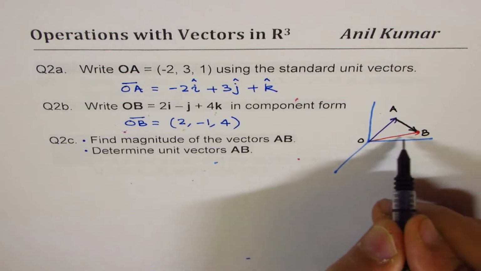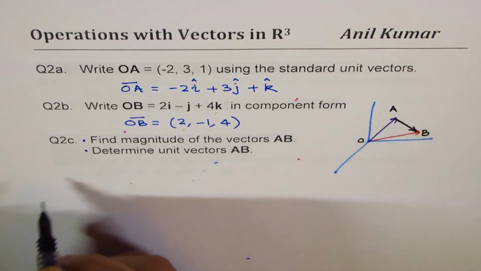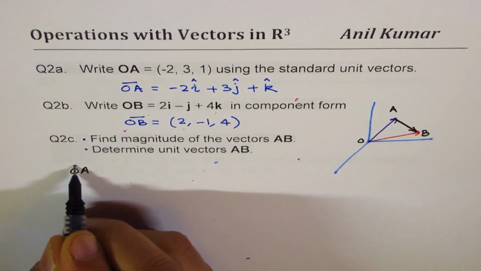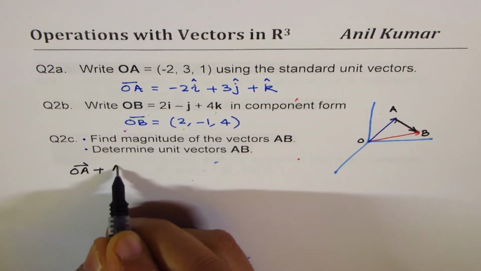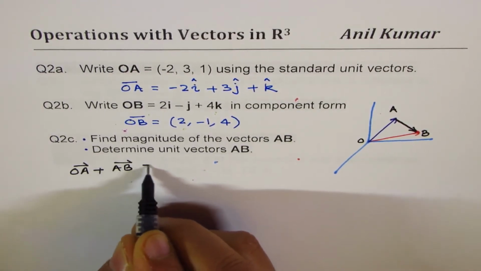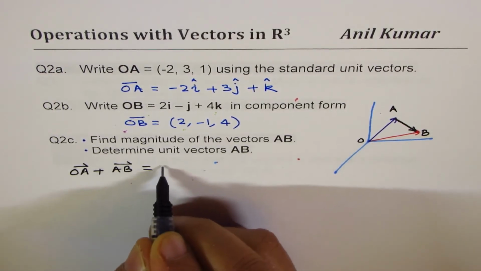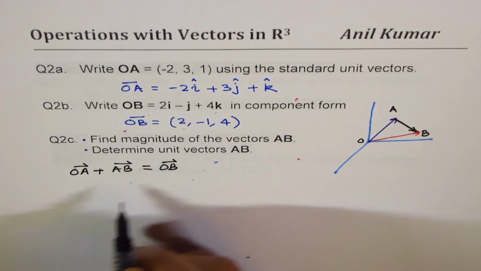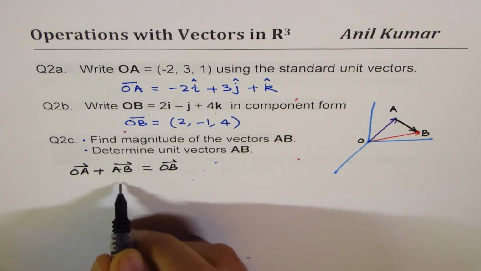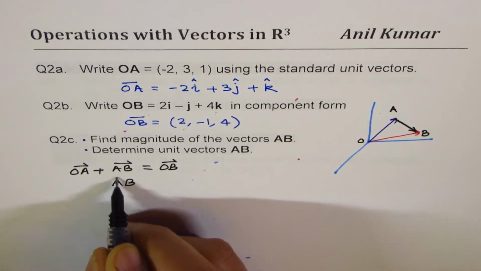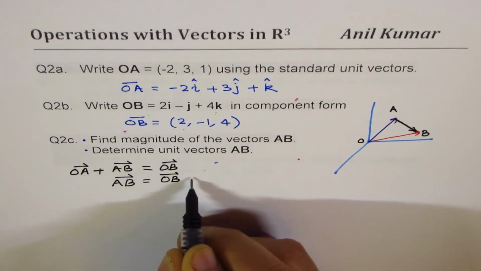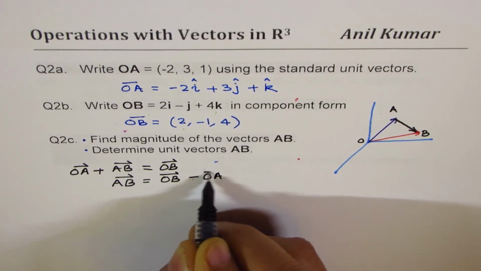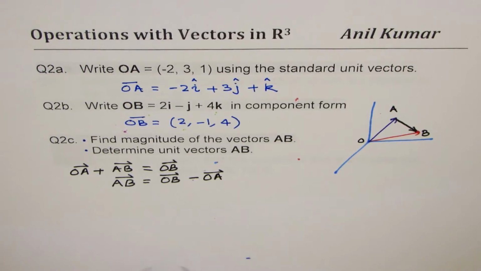Now you can see from the vector addition that vector OA plus AB is equal to OB, right? So vector AB could be written as vector OB minus OA, correct? These are simple operations in vectors.